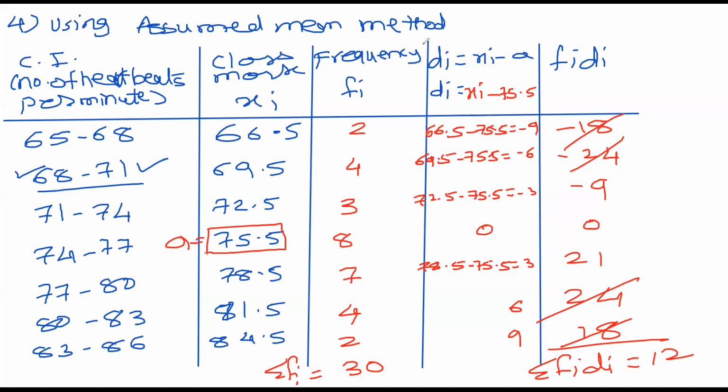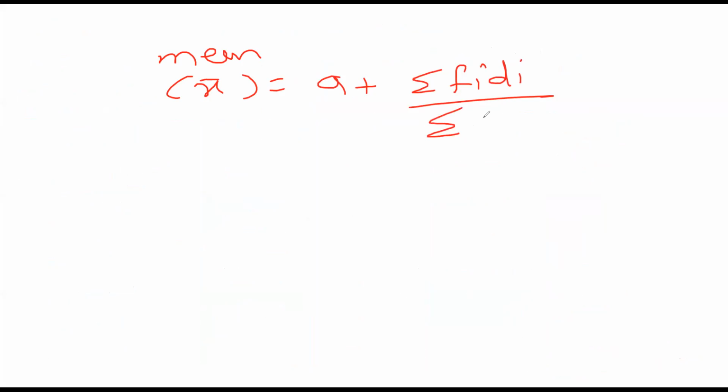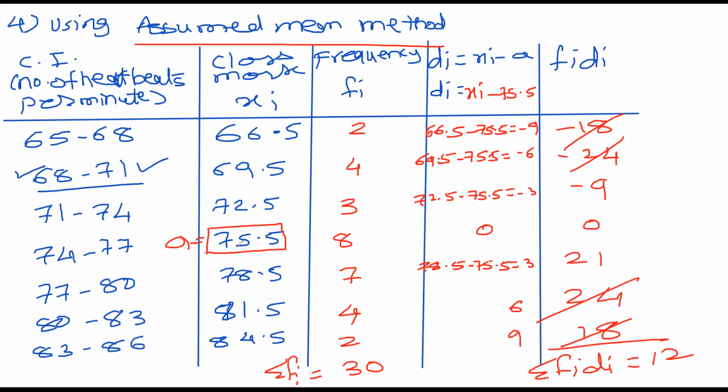What is the formula for calculating the mean by assumed mean method? The formula is, the mean x bar equal to a plus sigma fi di upon sigma fi. Correct? So what was the assumed mean? Our assumed mean was 75.5. Correct?